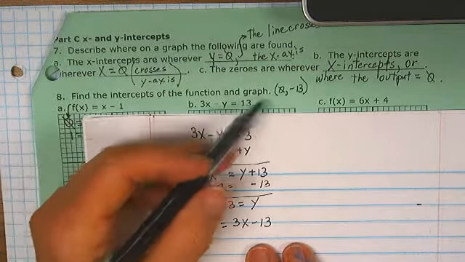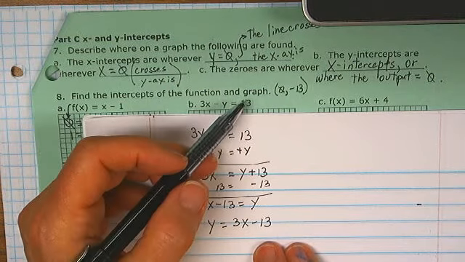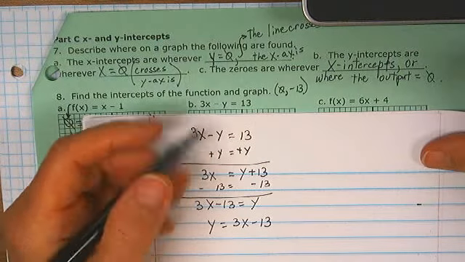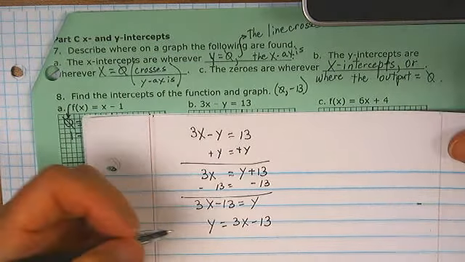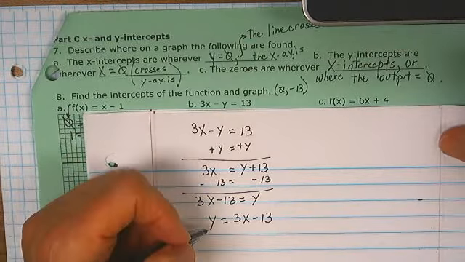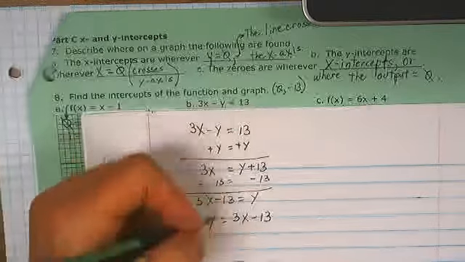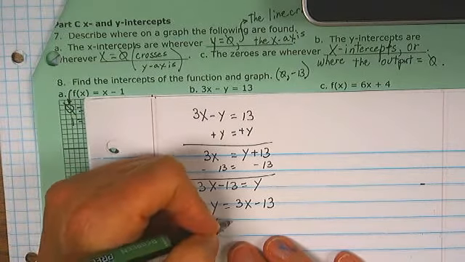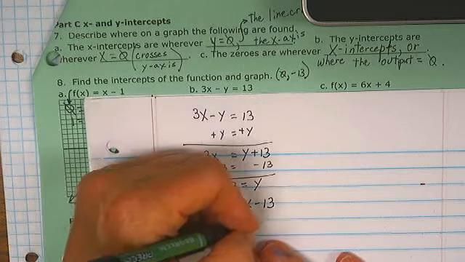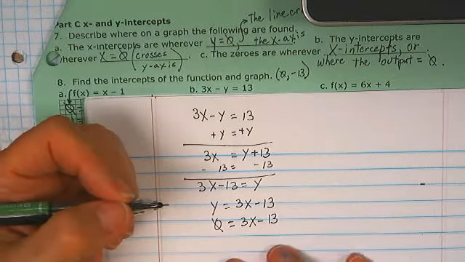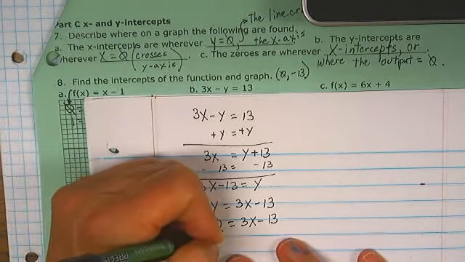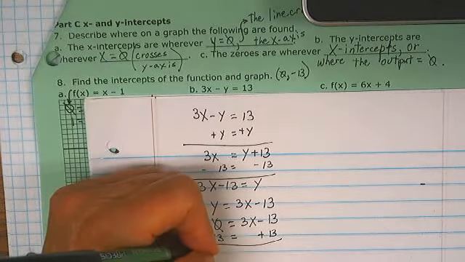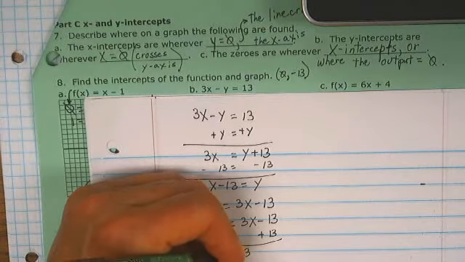My slope is 3. So I can draw my line and calculate from that. Or I can say, for my x-intercept, 0 equals 3x minus 13. Add 13 to each side. 13 equals 3x.